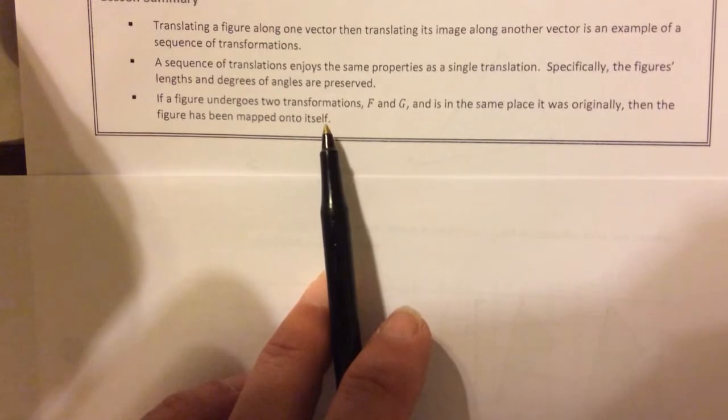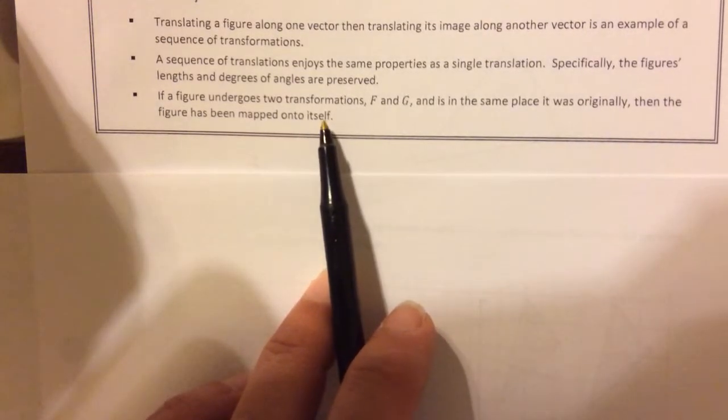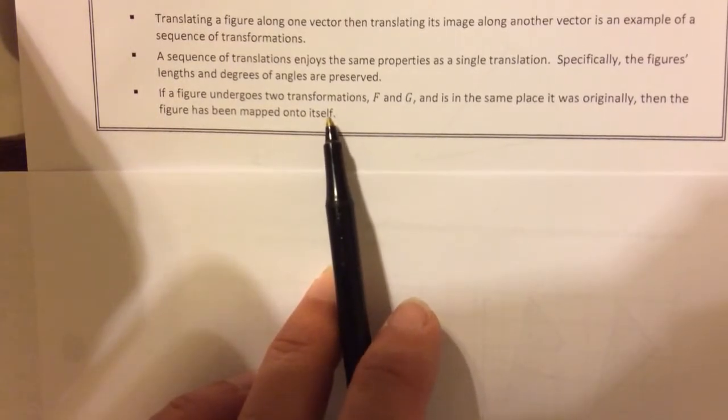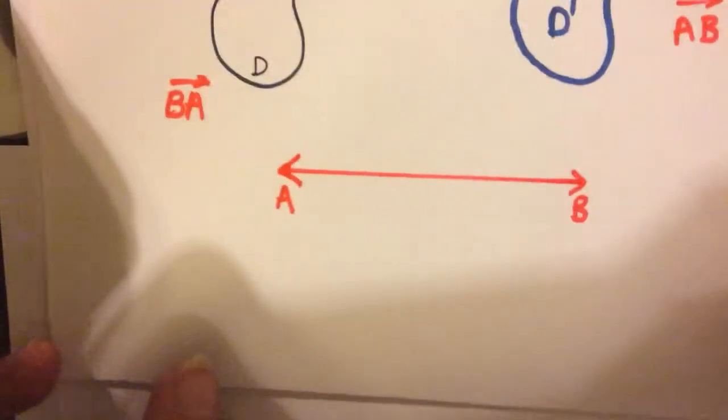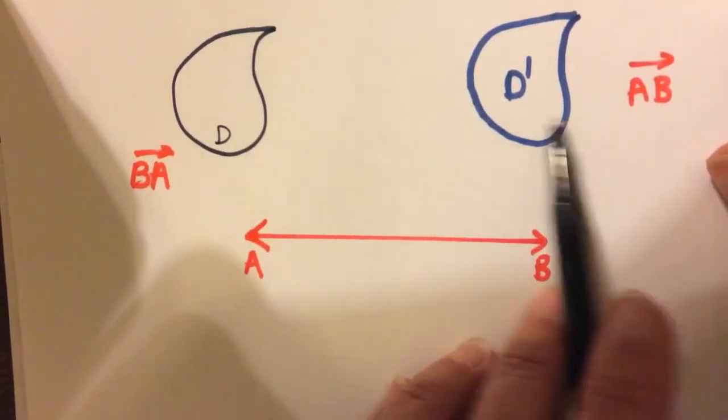And so we saw that with the example of the little teardrop, where the figure went from here to here and then back.